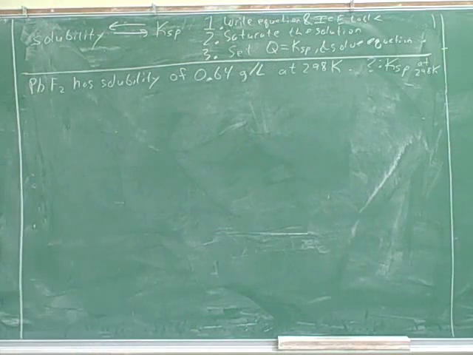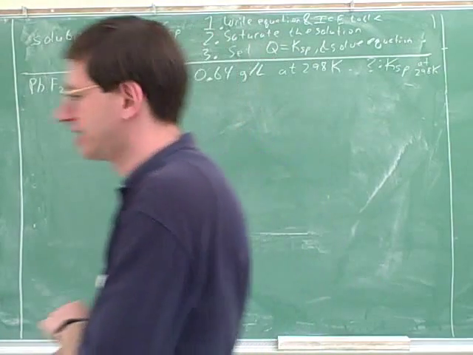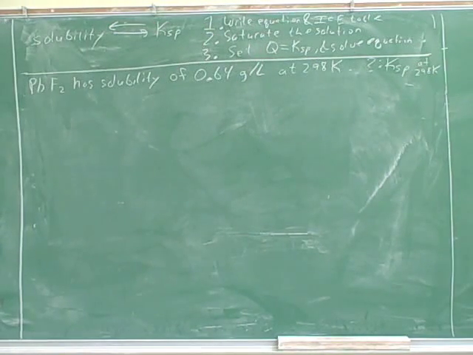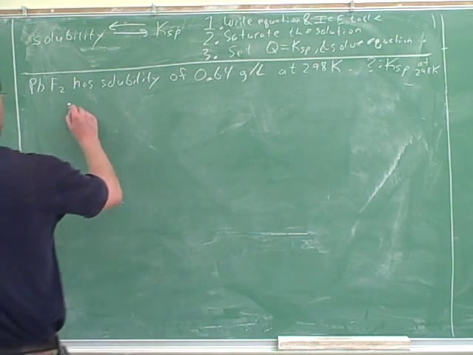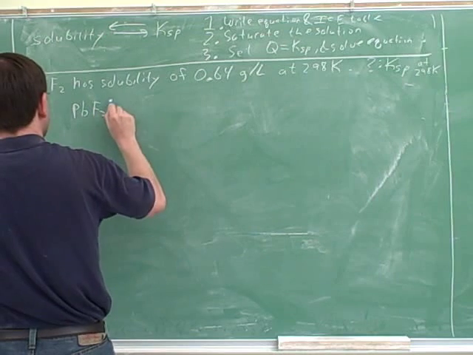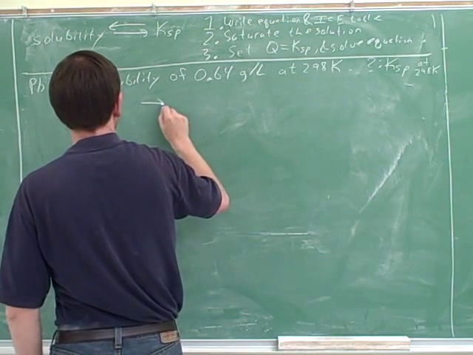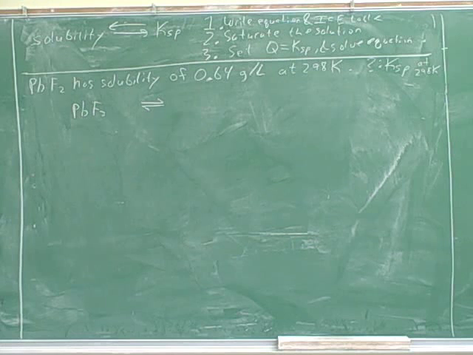So we need to write down the first equation. That's right. PbF2 plus F minus 2. That's a good start.